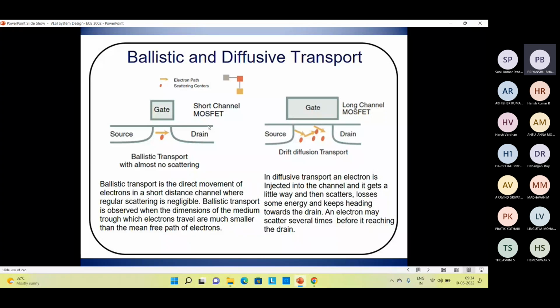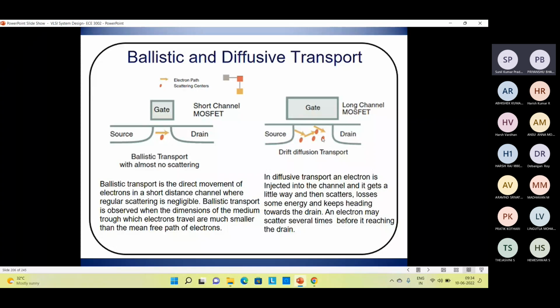Okay. Whereas in long channel MOSFET devices, let's say the channel length is more. Here the channel length is very small, whereas in this case our channel length is high. If the channel length is high, then there can be scattering centers. That means the electrons can collide with other scattering centers.